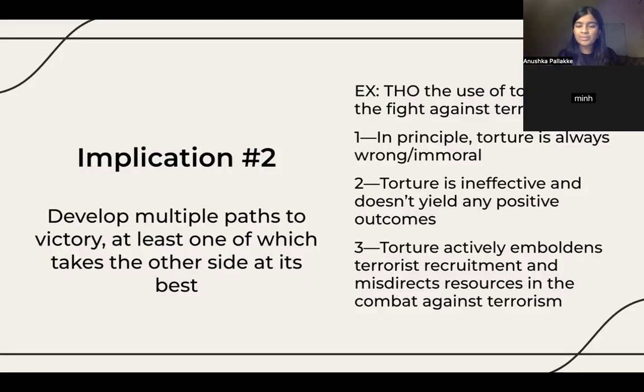So then again, you would respond by having a very strong piece of offense, showing why no, it doesn't yield any positive outcomes. Instead, it actually yields bad outcomes. It would be a very solid rebuttal, where you say torture actively causes more terrorism, and it also makes us less likely to succeed in our fight against terrorism by misdirecting resources. So yeah.